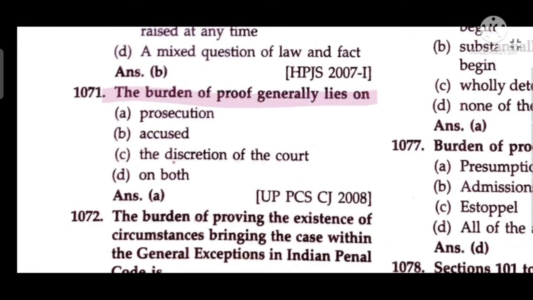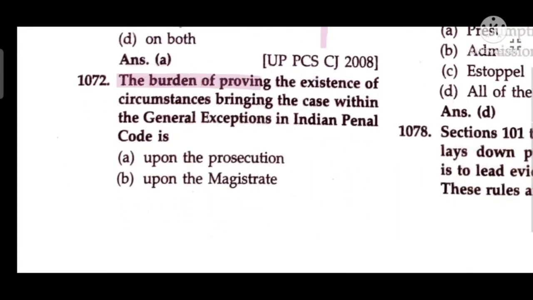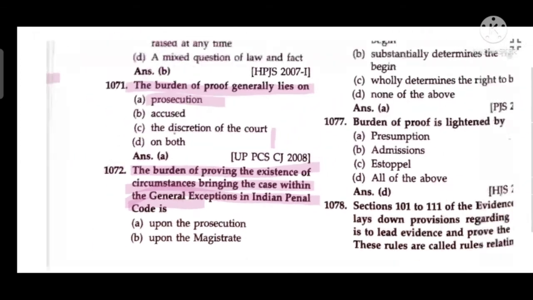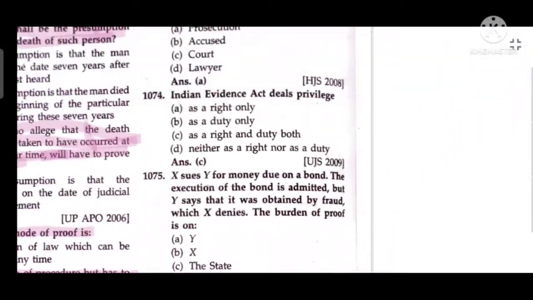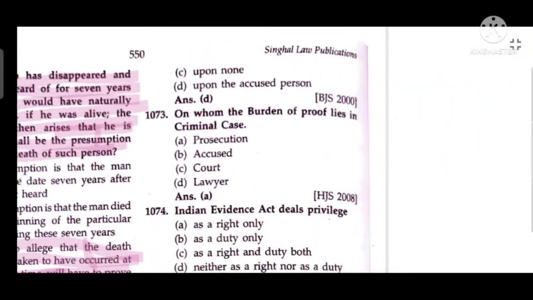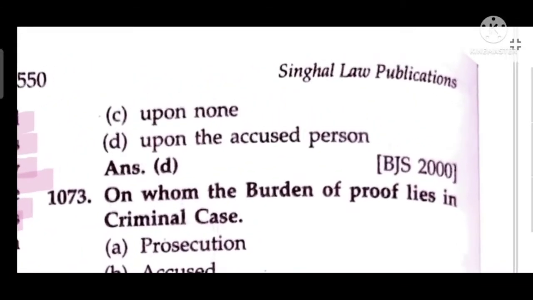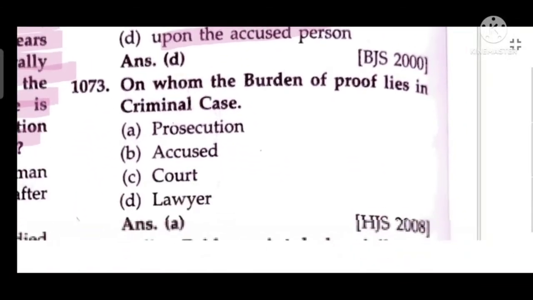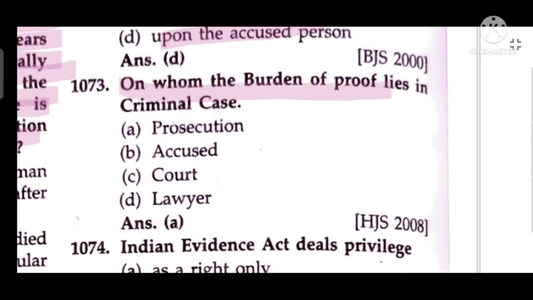The burden of proof generally lies on the prosecution. The burden of proving the existence of circumstances bringing the case within the general exceptions of the Indian Penal Code lies upon the accused person. On whom does the burden of proof lie in a criminal proceeding?